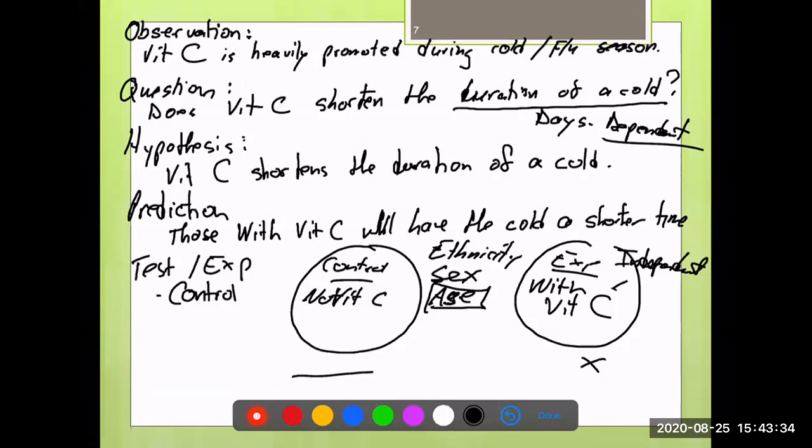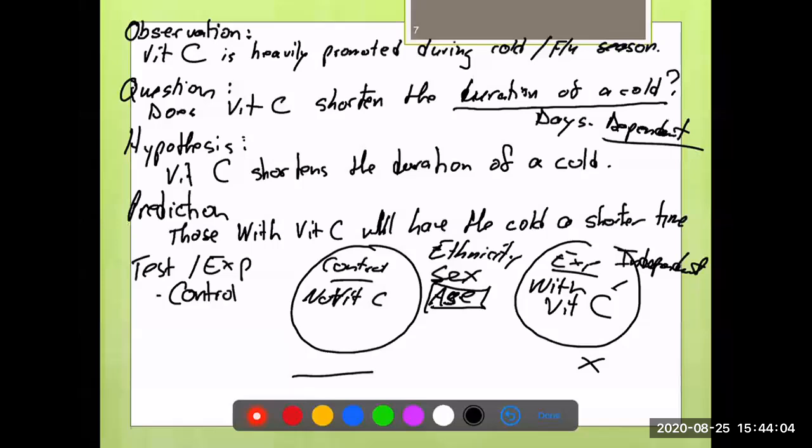Maybe I have stocks in vitamin C. Maybe I want people to buy vitamin C because then I make more money. Do you see that the way I design my experiment is going to make it look like vitamin C is good for you? By including individuals with a less than ideal immune system in the control group, that's going to make the control group average amount of time with the cold longer.